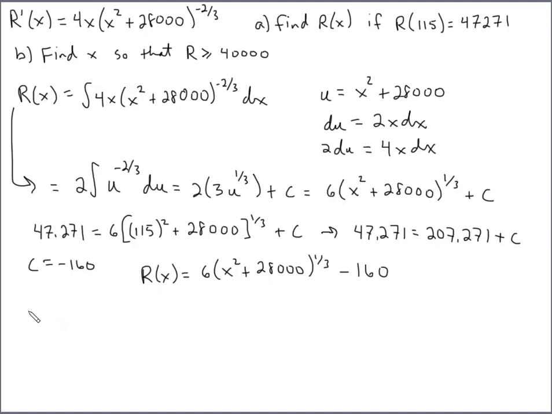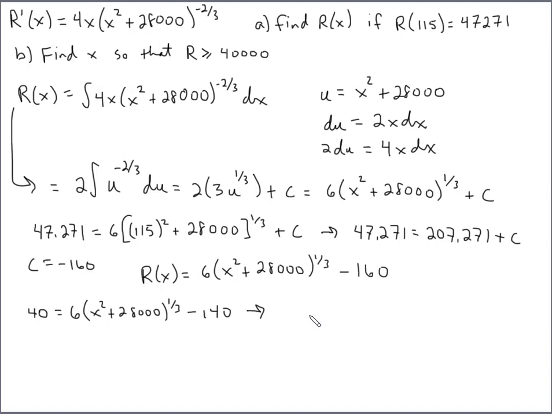Remember that r is already measured in thousands of dollars, so we're going to set this equal to 40. That'll be 40 is equal to 6 times x squared plus 28,000 to the 1/3 minus 160. So we have to solve this for x.